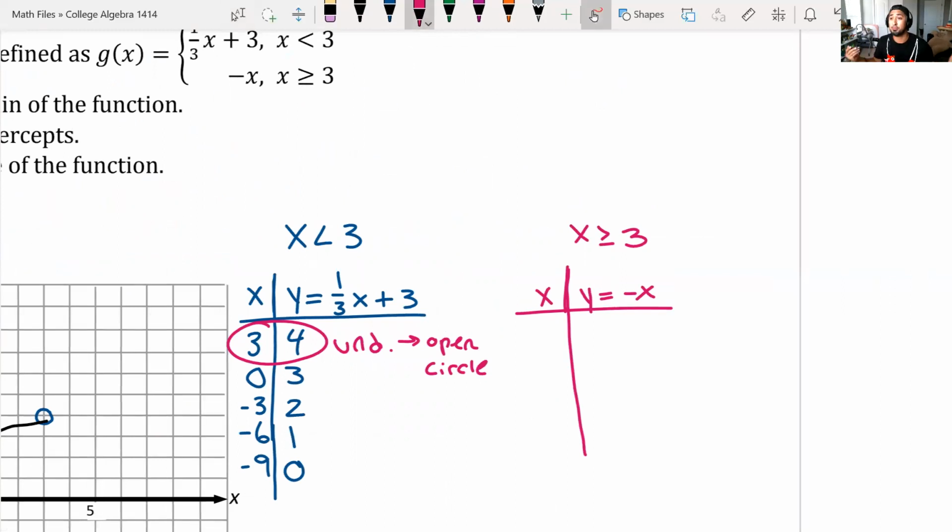And once again, follow the restriction. It tells you what numbers to use. So you'll start at 3 and just choose numbers bigger than 3. 4, 5, 6, 7. That's probably all we need. And plug them in to y equals negative x, which means they all will just become negative.